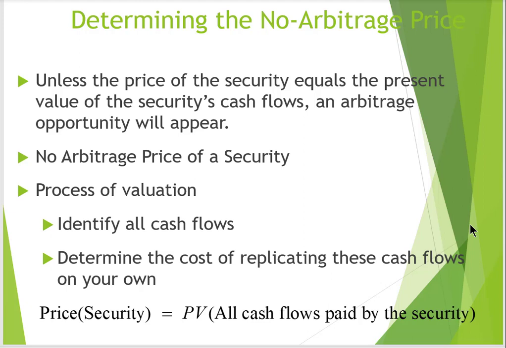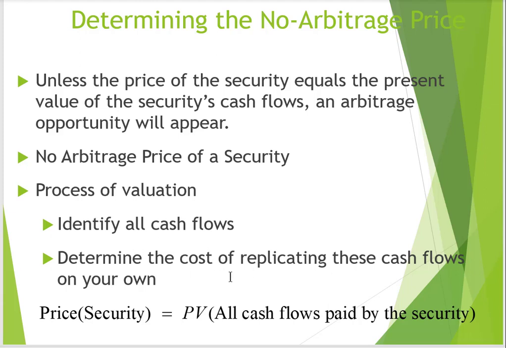So if we have a no arbitrage price of a security, how would we find the overall values in this calculation? The process says you have to know what all the cash flows are. Again, this is all forecasted, so we do have to understand that there is some uncertainty with these cash flows.